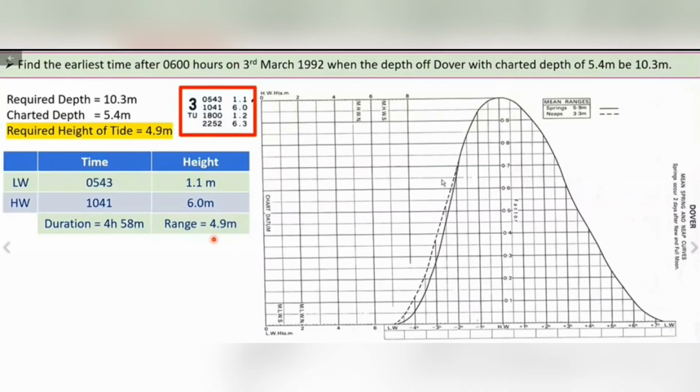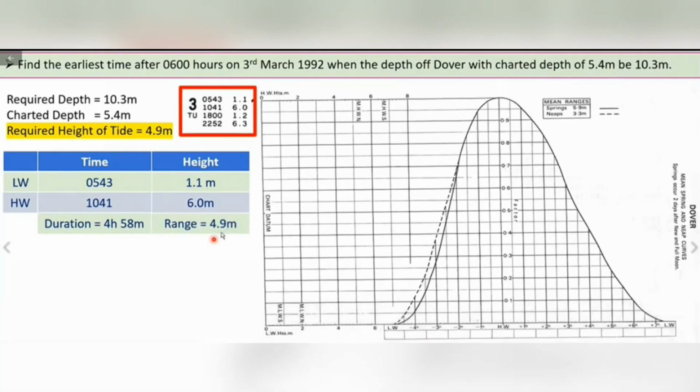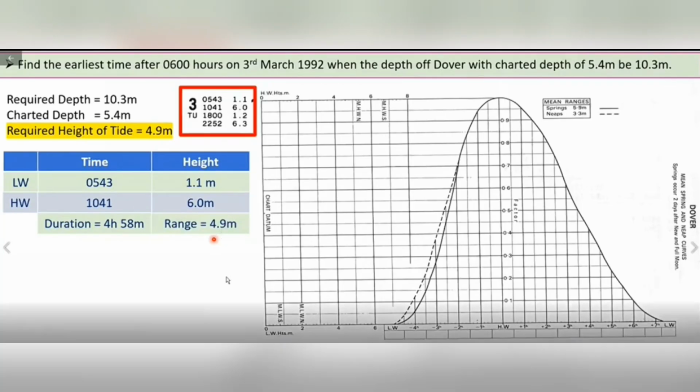We have the range of tide, which is 4.9 meters. अब बेटा यहाँ कंफ्यूज नहीं होना, जो हाइट ऑफ टाइड हमें चाहिए वो भी 4.9 मीटर है, दैट्स ए डिफरेंट थिंग. और जो रेंज ऑफ टाइड आई है वो भी 4.9 मीटर है, दैट इज़ ए डिफरेंट थिंग. ये दोनों अलग अलग चीज़ें हैं. फॉर्चुनेटली दोनों मैच कर गई हैं, बट डोंट गेट कंफ्यूज्ड. ओके. Yes, sir.